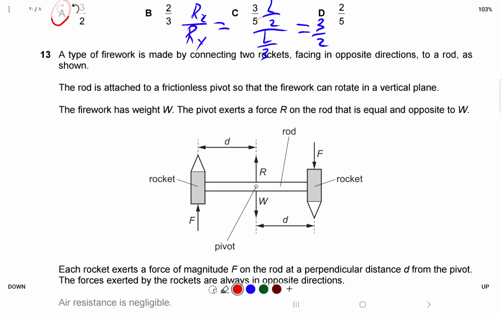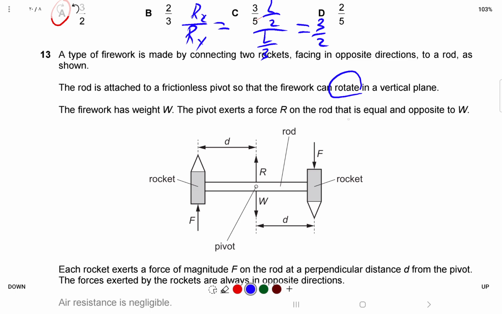Question 13. A type of firework is made by connecting two rockets facing in the opposite direction to a rod that, as shown, is attached to a frictionless pivot so that the firework can rotate in a vertical plane. Focus on this word, can rotate, which means resultant moment is not zero.